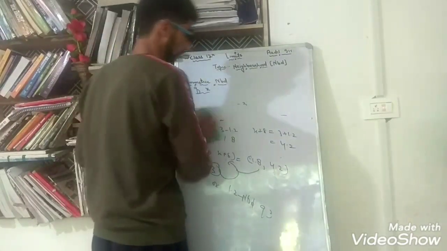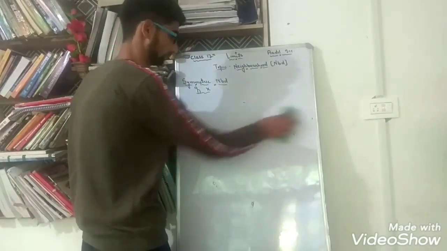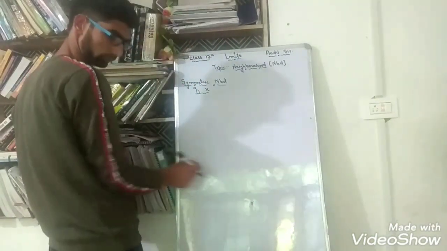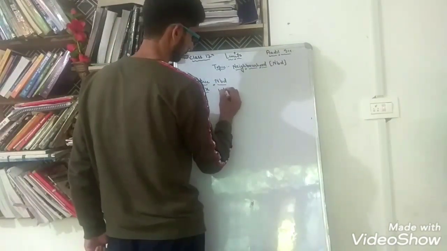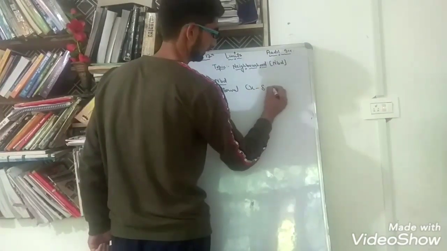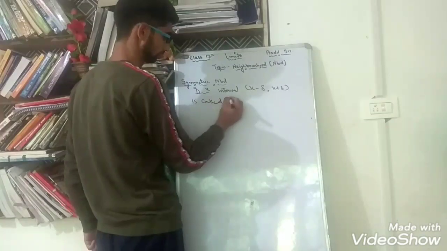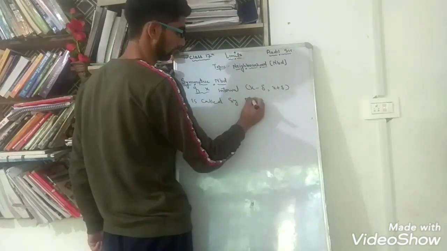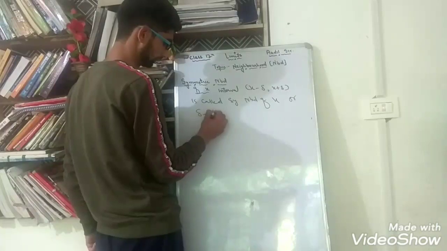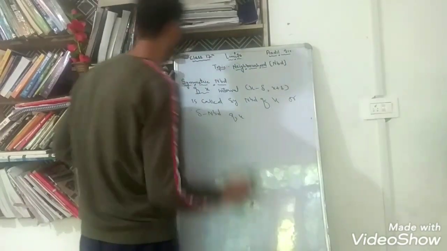The interval (x minus delta, x plus delta) is called the symmetric neighborhood of x or delta neighborhood of x. For example, write the same example that I gave.